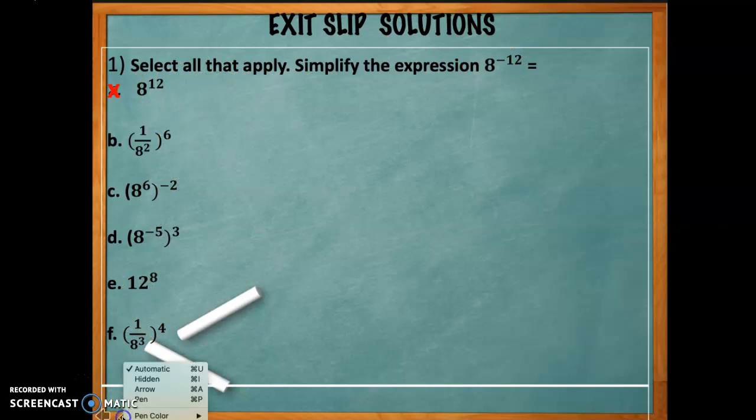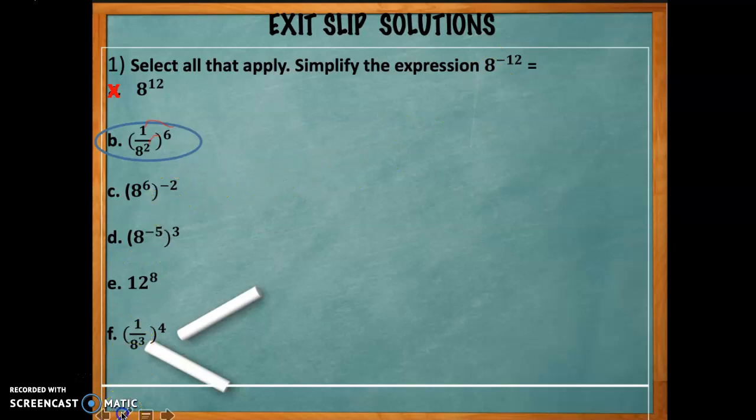Well, this one here, don't forget, this distributes to each one. Well, 1 to the 6 is going to come out as 1 because 1 to any power is going to be 1. And then here we have 6 times 2, which will give us 12. But notice, since this is at the bottom, it will be negative 12, so that one does apply.